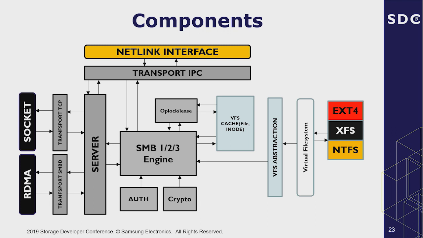The Transport TCP component consists of functions to send and receive requests and responses through a socket. The Transport SMB component consists of functions for RDMA send and receive. The SMB engine is the component that parses SMB requests and makes SMB responses. The OAuth component is for processing authentication. The VFS cache component is for file and inode handling. And KCIFSD can access the local file system via the VFS abstraction component.